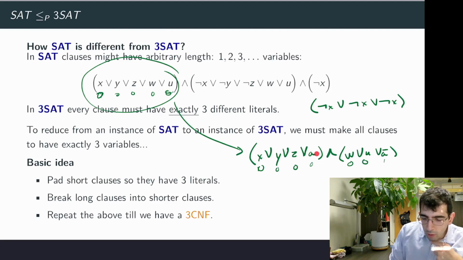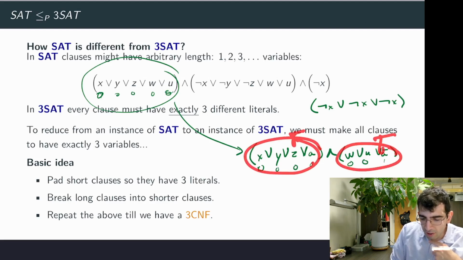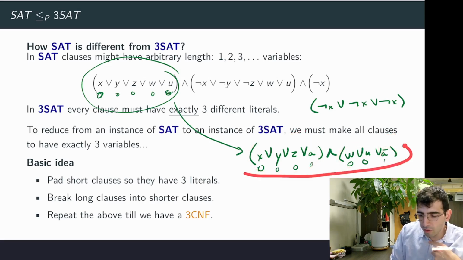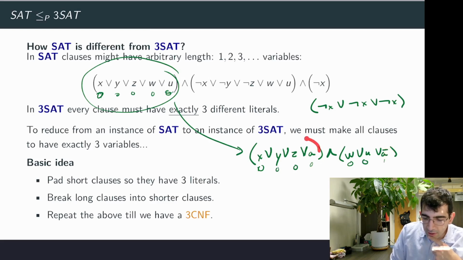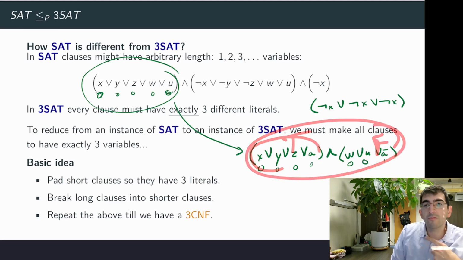No matter what we assign A, okay? If we assign A to be 0, then this clause evaluates to true, and this clause evaluates to false, and therefore the whole thing evaluates to false. If we assign A to be 1, then this thing evaluates to false and this thing evaluates to true, and therefore the whole thing evaluates to false still.